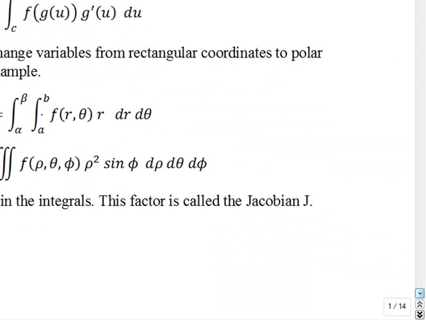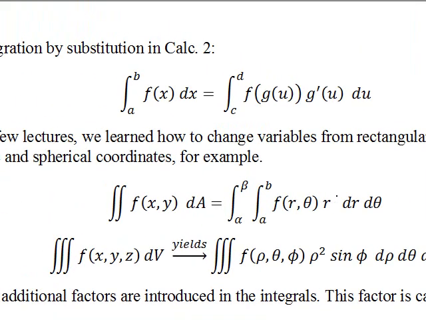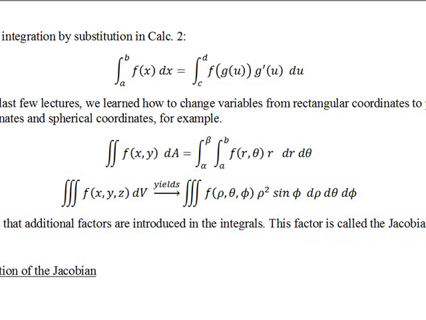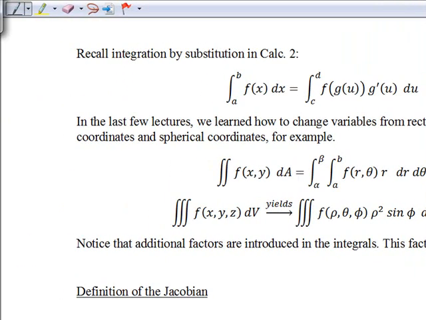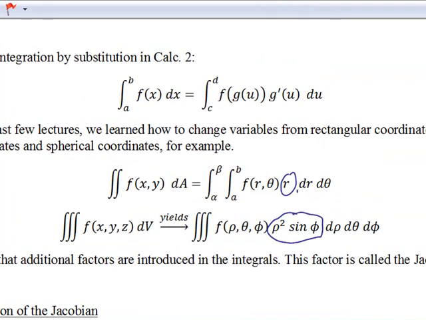So this first integral here, these were polar coordinates, and the second one was spherical coordinates. So let me just outline. Remember these, this, and this were called the Jacobian.